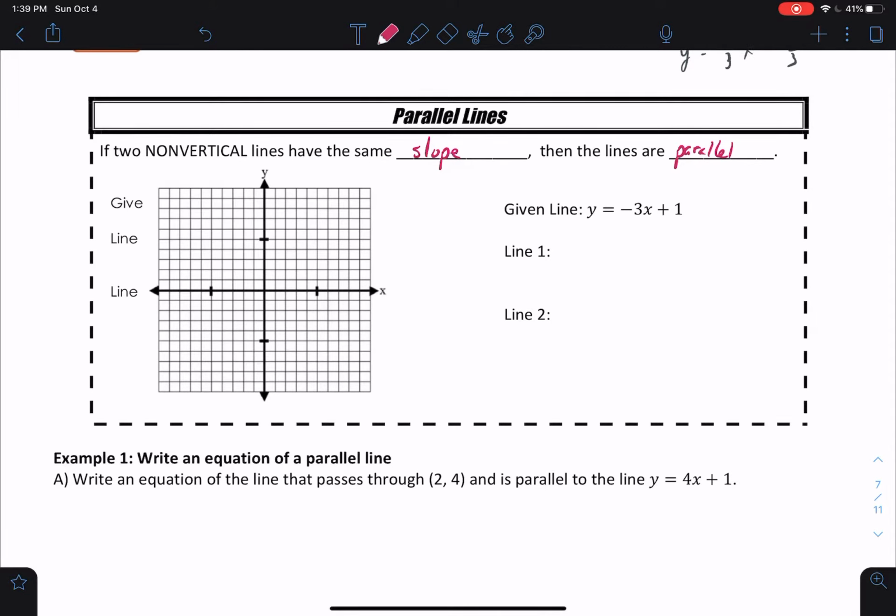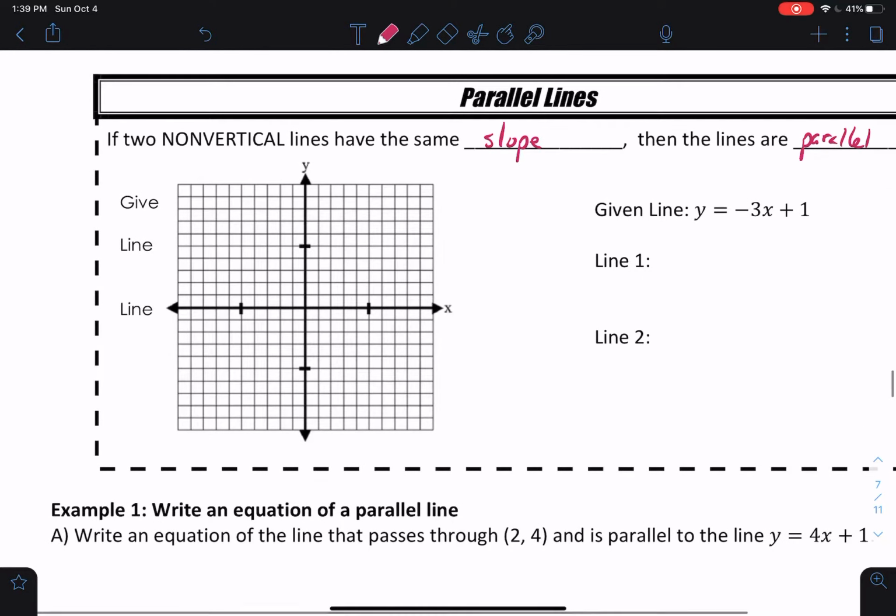A little bit of a graphing review: if I'm given y equals negative 3x plus 1, the y-intercept is at 1 and the slope is negative 3, so I go down 3 to the right 1, down 3 to the right 1, down 3 to the right 1, or I could go up 3 to the left 1. Then I'm just going to connect the dots as best as I can. That is my given line.